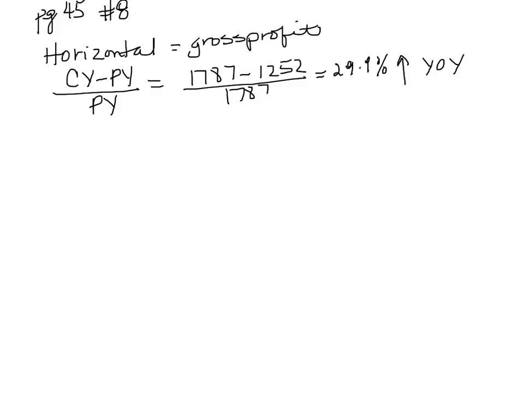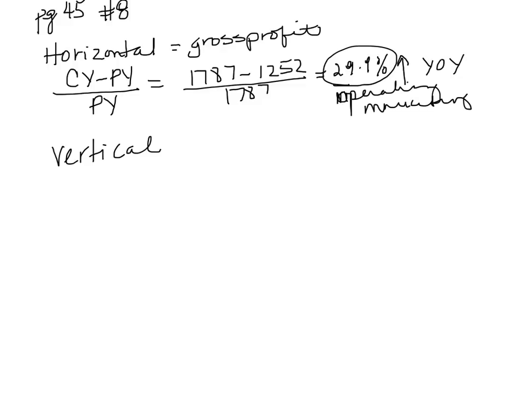If you looked at it, we did sell more, but our cost of goods sold didn't change as much. And so that means we have more money to spend on other things, on our operating expenses, such as advertising, marketing, and so forth. Okay? Now, let's take a look at vertical analysis for this same problem.